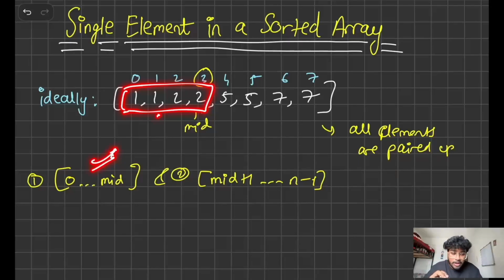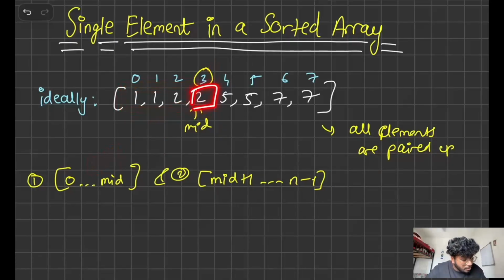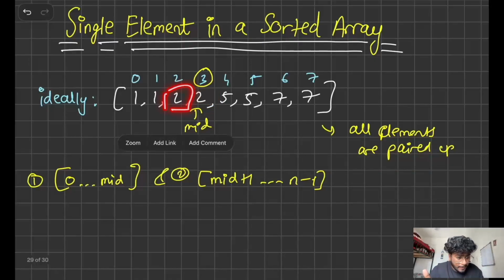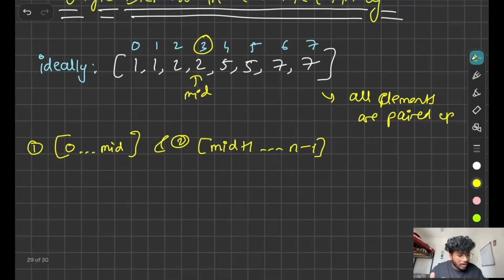In this first interval, the pair of my nums of mid is just before it. My mid is 3, right? So my nums of mid is 2, and the other duplicate of this is just the previous element here. So in this case I'll write it down.